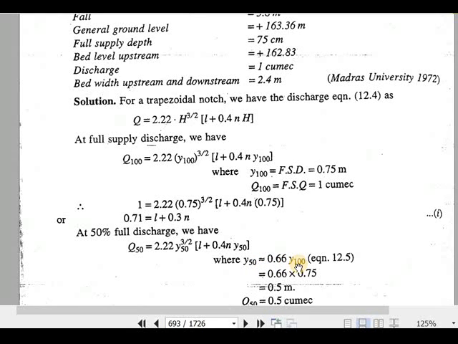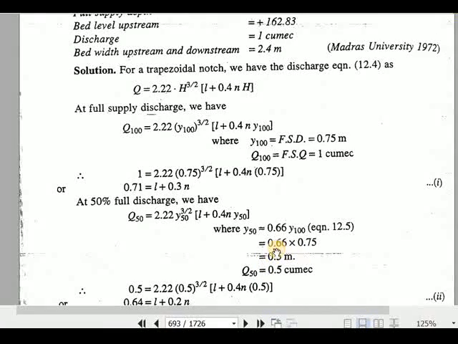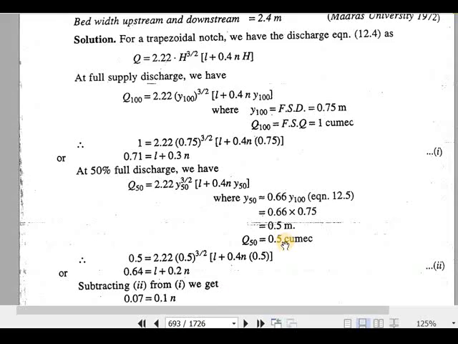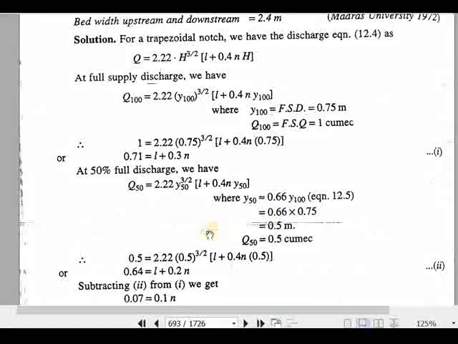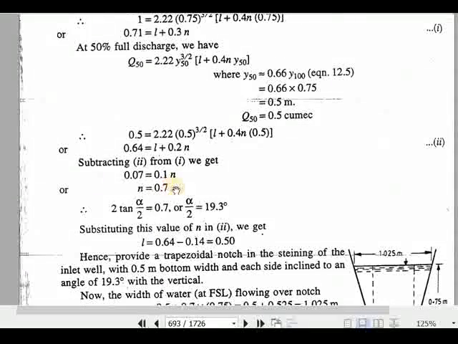This is another equation. If we are not provided with the half supply depth, then you can get it as 0.66 multiplied by 0.75, about 0.5 meter. So Q50 is 0.5 cubic, 1 cubic was Q100, and you have to find L and n.